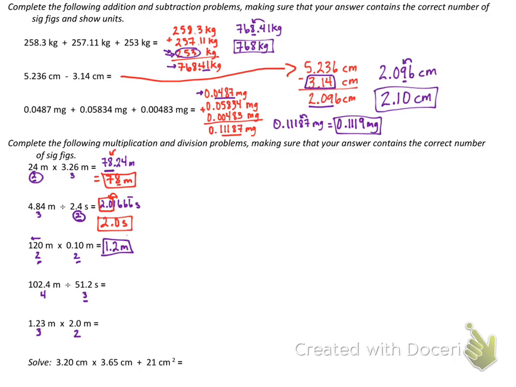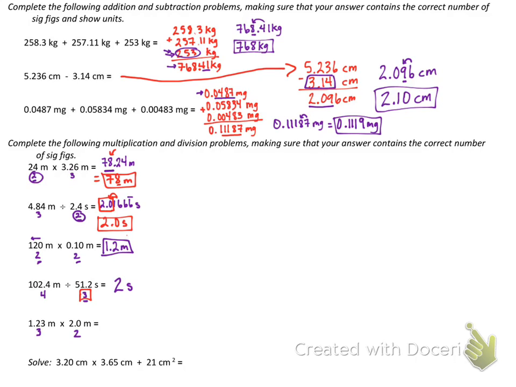All right, next one, I have 102.4 divided by 51.2, and my answer is 2 seconds. But my answer must have 3 significant figures. So how can I make this number 3 significant figures?